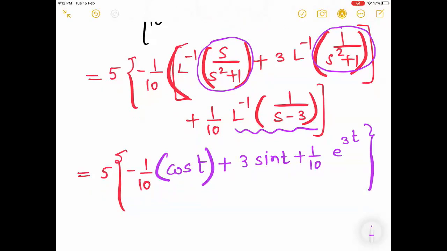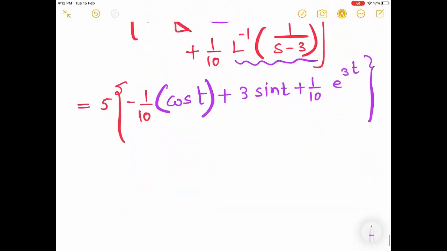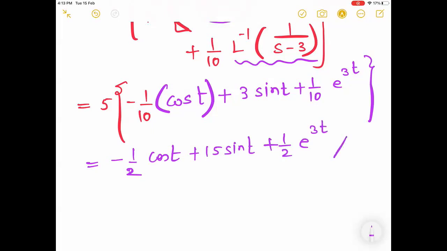Any doubt? Anybody? So we'll be getting, if I multiply by 5, this is minus 1 by 2 cos t plus 3 into 5, that is 15 sin t plus 1 by 2 e raised to 3t. That's it.